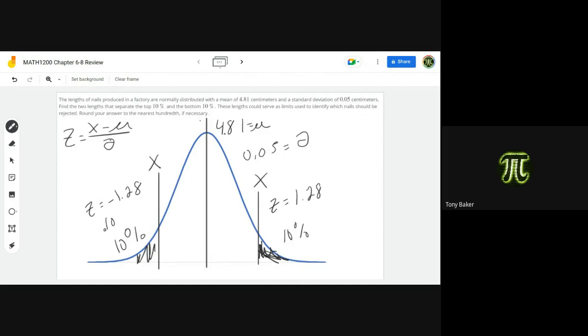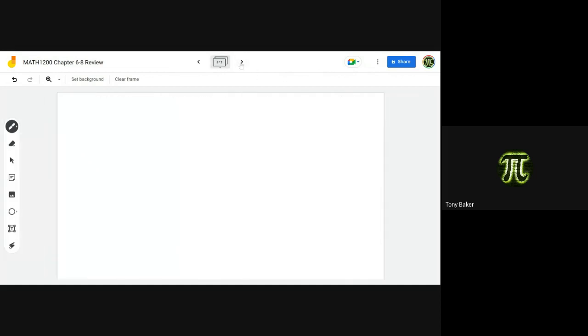All right. So we've got now our z. We now use my formula to go backwards one step to find my x. So z equals x minus the mean over the standard deviation. In this case, my z is negative 1.28. I'm looking for x.